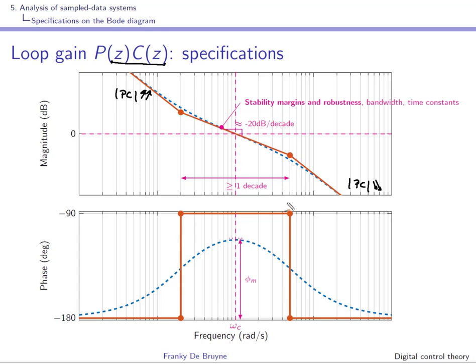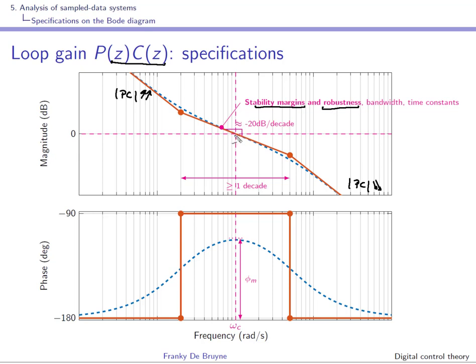Of course, there is a transition between low and high frequencies, and this is the region that you see over here, and typically this zone ranges over a frequency range of more than a decade. It is in this zone that the stability margins and therefore robustness are going to be imposed.